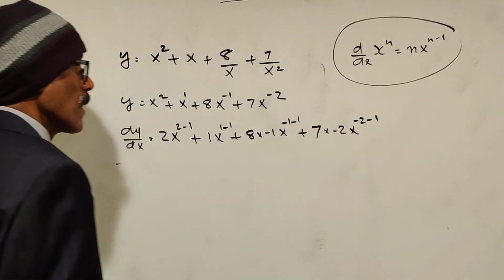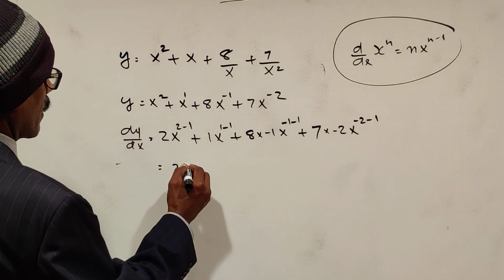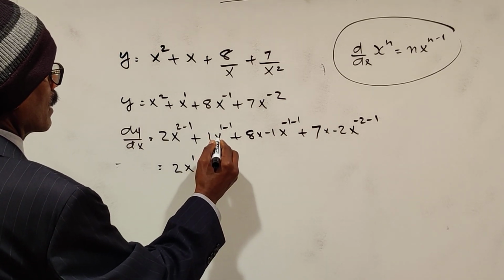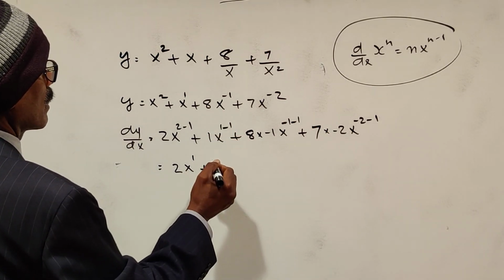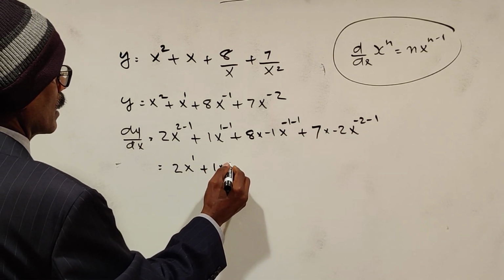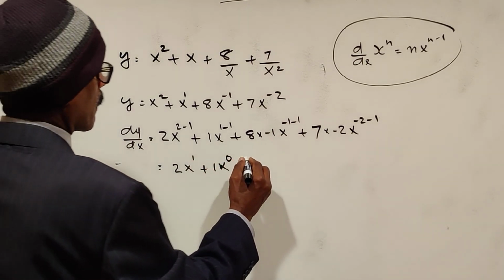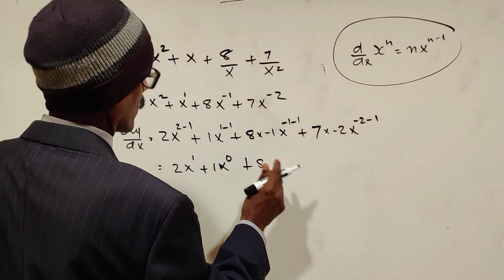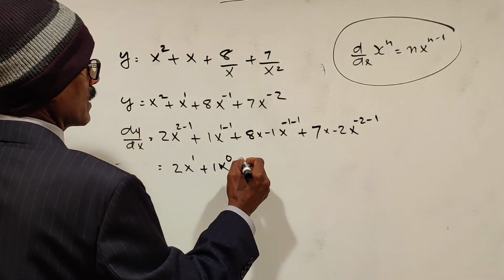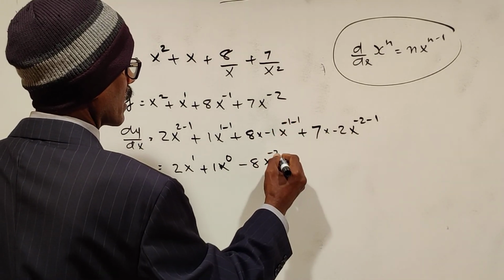Okay, simplify. 2x to the power 1, plus 1 into x to the power 1 minus 1, which is 0. 1 into x to the power 0, that is again 1, plus 8 times minus 1 is minus 8, x to the power minus 1 minus 1 is minus 2.